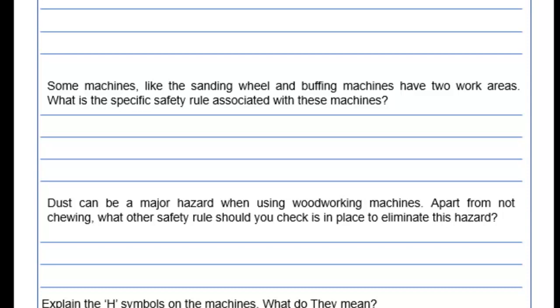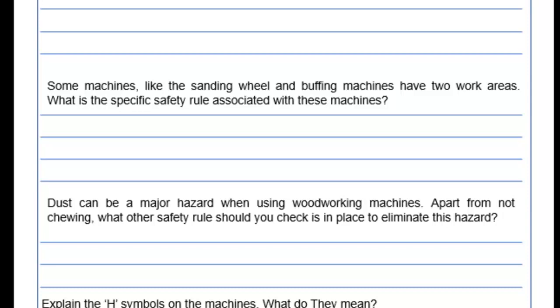That means that there are 2 parts of the machine that could be used at the same time. So basically, how would we cut down accidents happening to more than one person while using the machine?